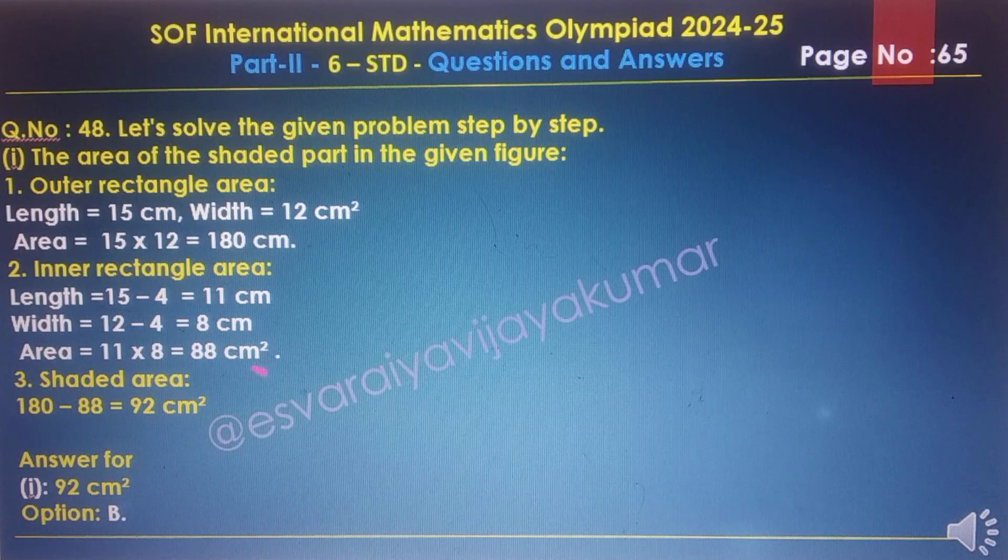Inner rectangular area: we are getting length 11 centimeter, width 12 minus 4, here 15 minus 4, and area equals 88 centimeter square.